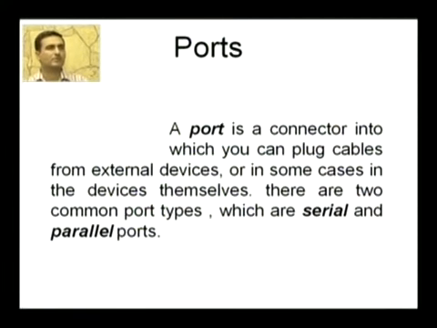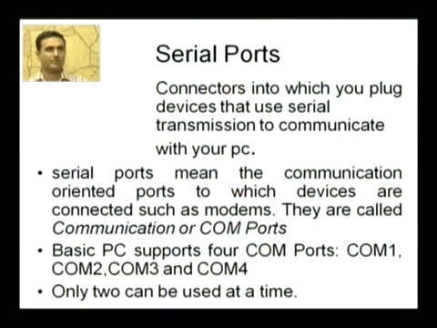In the parallel ports, if we are transmitting data of 8 bits, there is a need for 8 wires, and each wire will be transmitting 1 bit in parallel to the other peripheral. So there are two ports, serial ports and parallel ports.